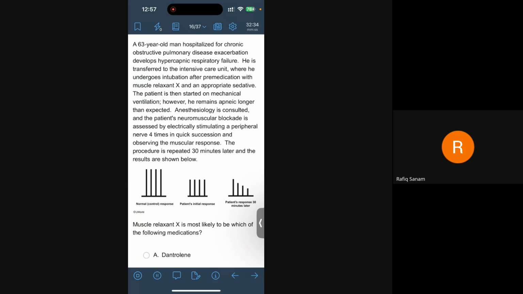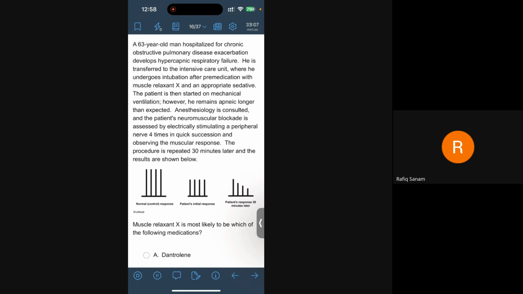That's why you can see that the height of the patient's initial response is lower than normal. But you can also see that after 30 minutes there is a progressive reduction, a fading pattern, as a result of less acetylcholine being released with each subsequent impulse. This is what we see in non-depolarizing neuromuscular junction blockers.